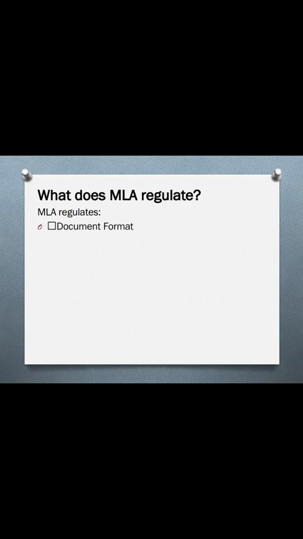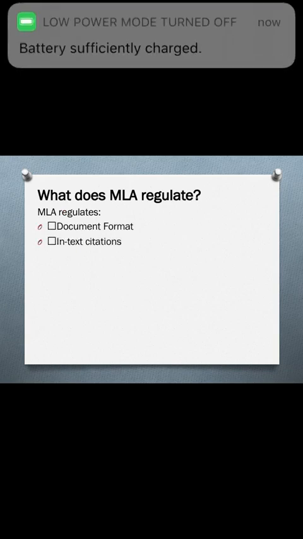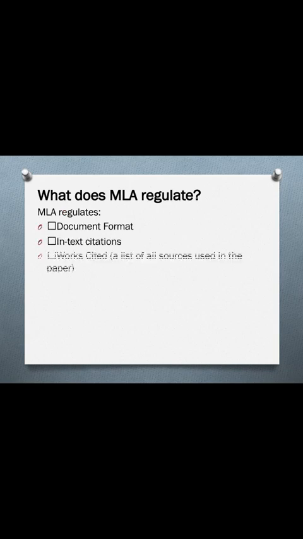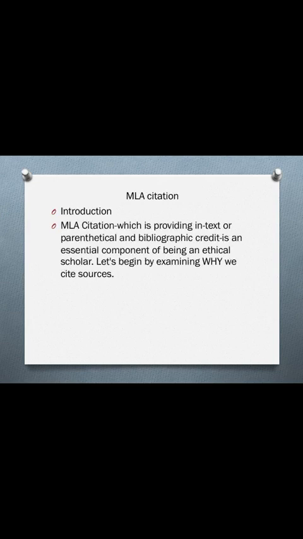It regulates document format, in-text citation, and works cited, which is a list of all sources used in your paper. Again, MLA citation, which is providing in-text and bibliographic credit, is an essential component of being an ethical scholar.